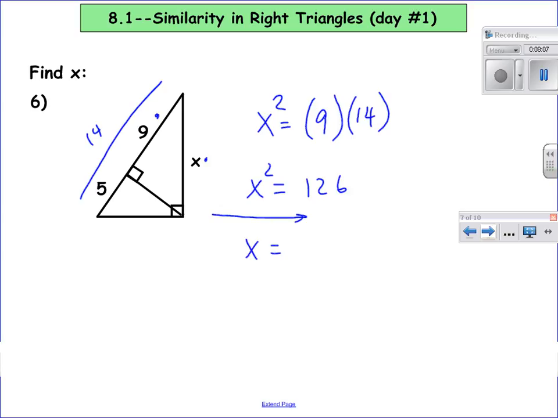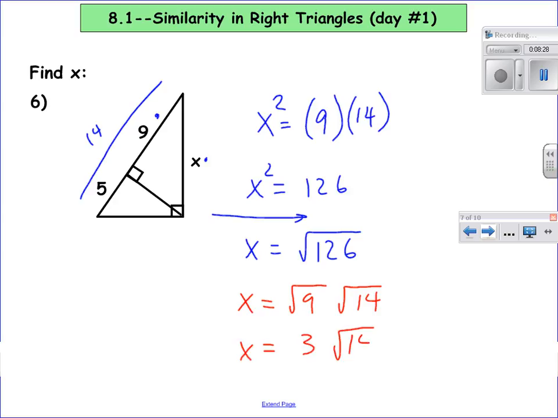X equals the square root of 126. And I said, okay, well, that's 9 times 14, so that's nice that they already gave me that number. So x equals square root of 9 times square root of 14, and x equals 3 square root of 14. Let's see, does 9 go into 14? No. Does 4 go into 14? No. This is simplest radical form.